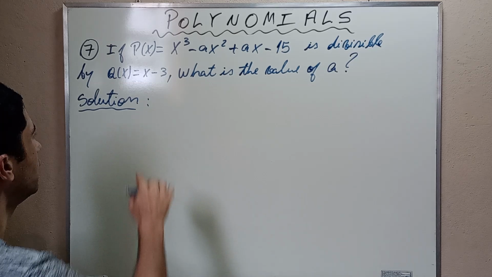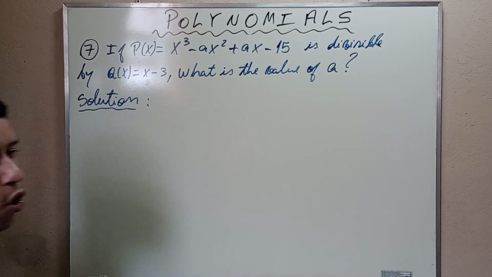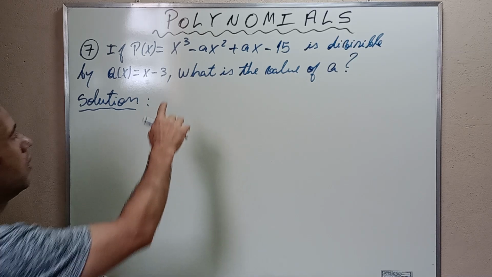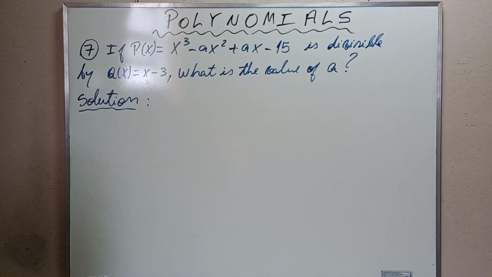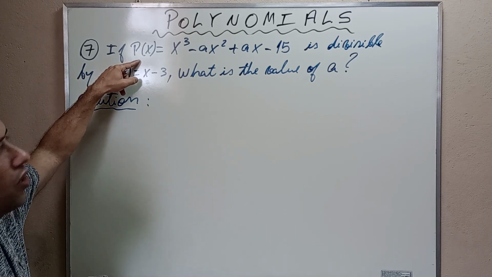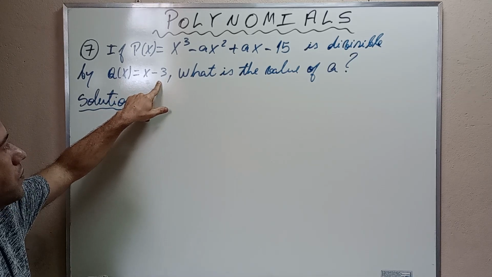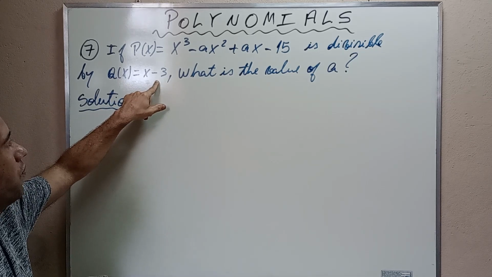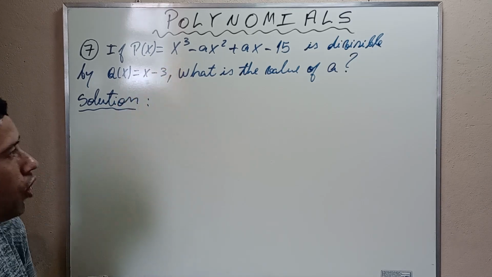Thus, the root of Q of x is also a root of P of x. We discussed this previously. We said that if one is divisible by the other, then the root of this polynomial is also a root of this polynomial.